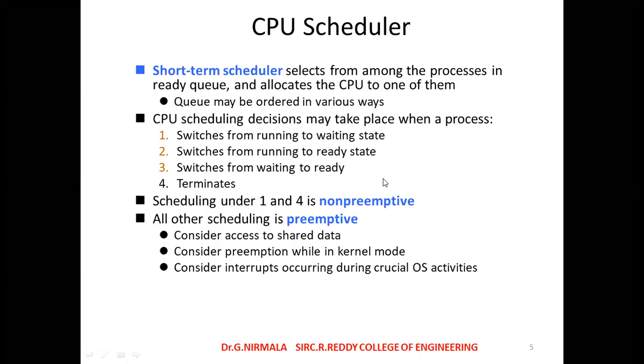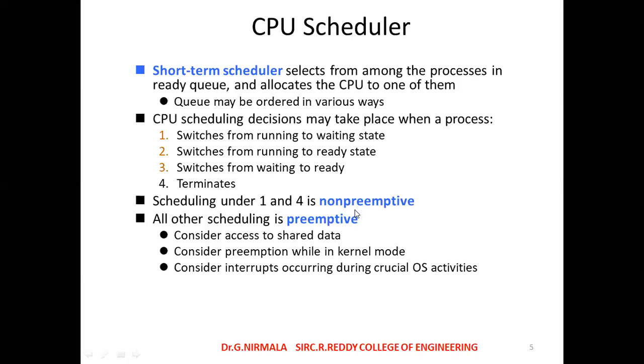Normally, the process may switch from running to waiting, and after waiting again it moves to the ready state. Means either running to the ready state or waiting to the ready state. These are the three possible ways you have.